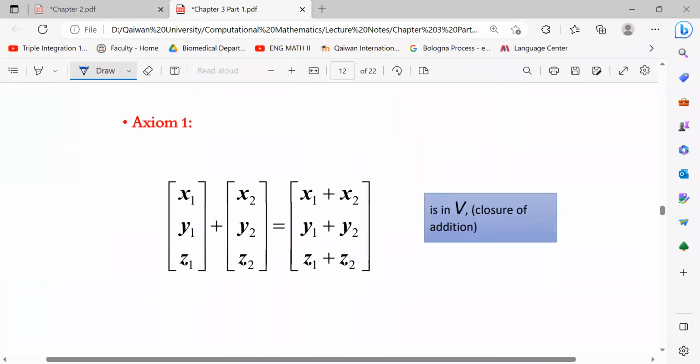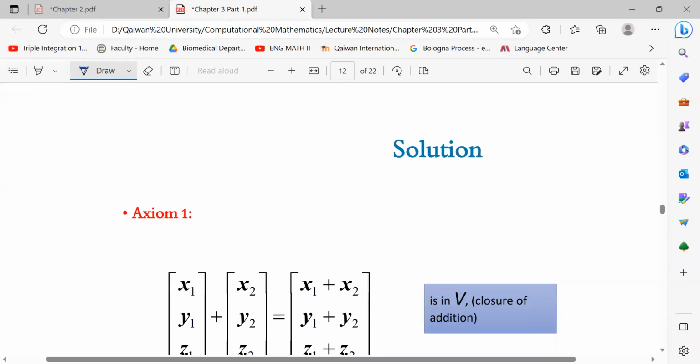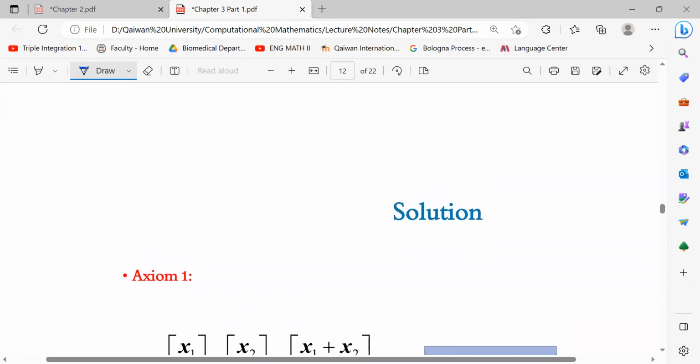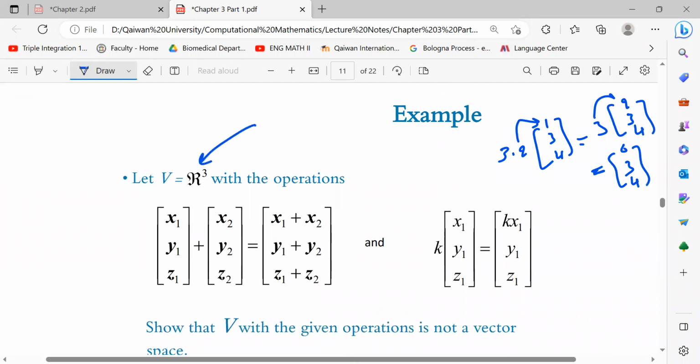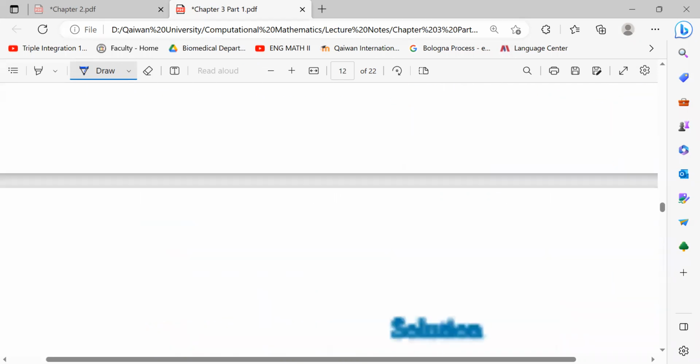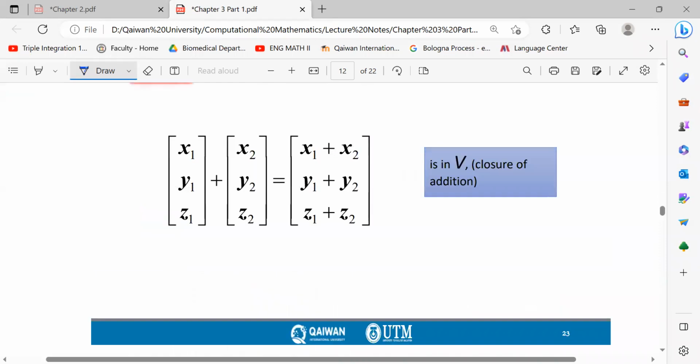It says, if we pick any two vectors, then the sum of them must be in the space. So what's the space? It's R3. So the sum of two vectors must be in R3, is it?